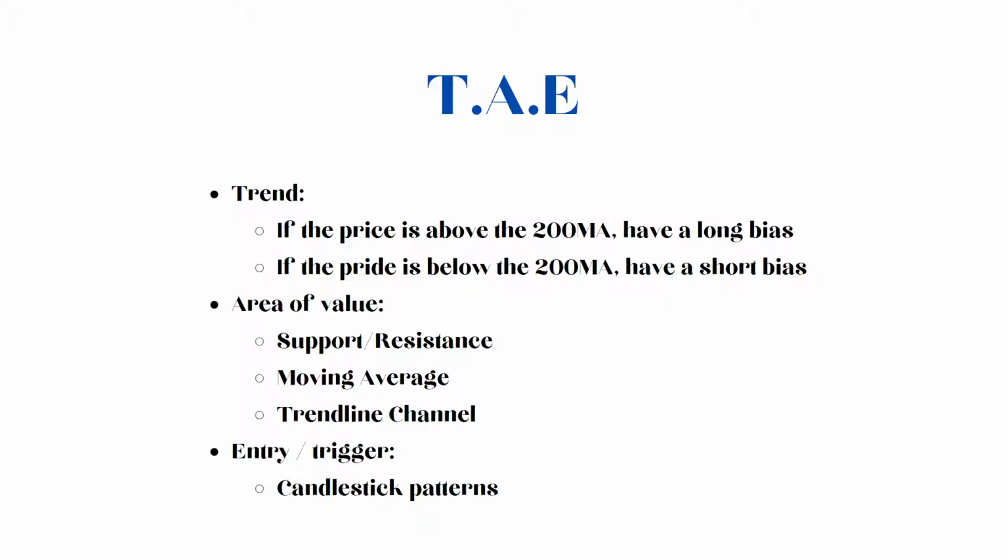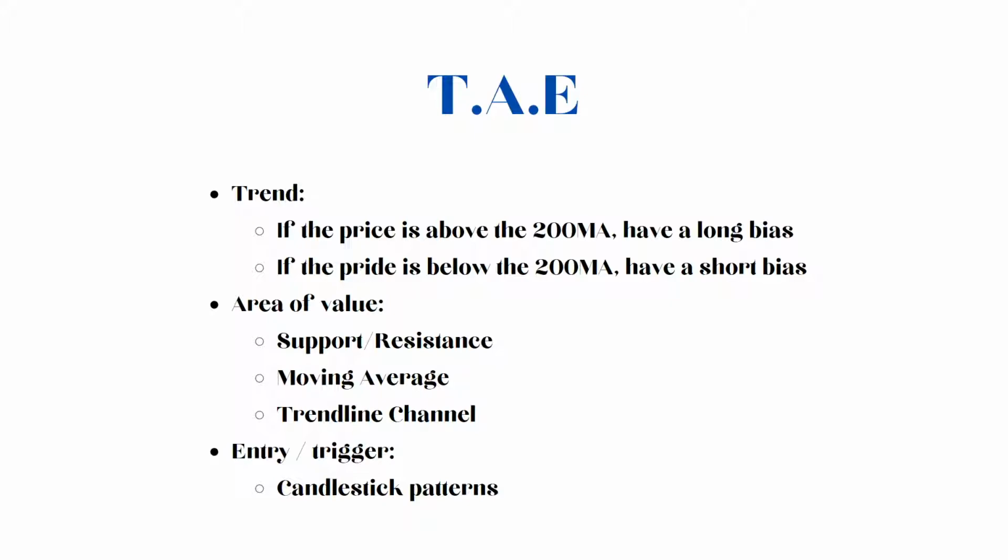The second thing is area of value. What is this area of value? It is an area of prices where you have the permission to buy stocks. Because consider if you go to any market, you don't just buy products by looking at the price. You have to see whether the price is reasonable or not.